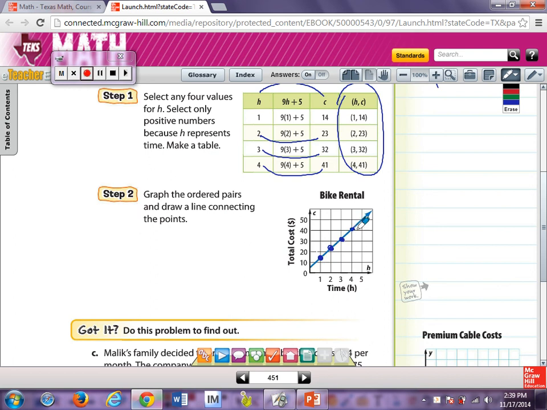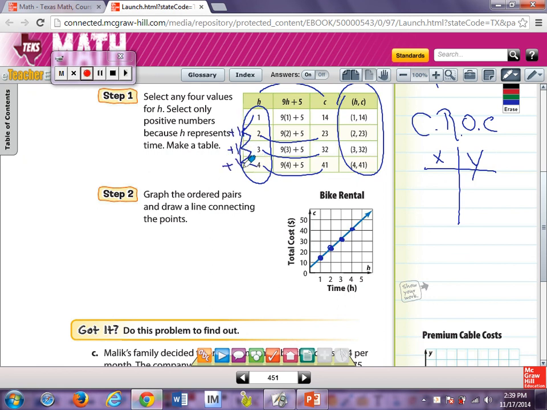But let's say that you don't have a graph that's like this already made nice, or a graph at all. Then we should look for the CROCs, the constant rates of change. Because we should have one in the X category, and we should have one in the Y category, or in this case, the H. Over here, do we have a constant rate of change? And if you're paying attention, you will see that we do.